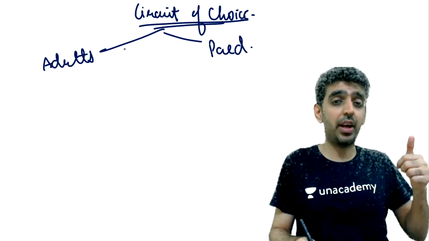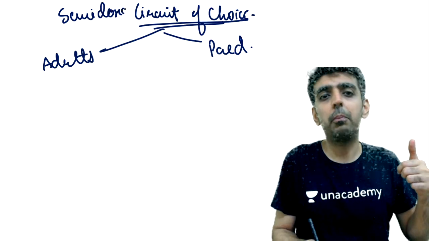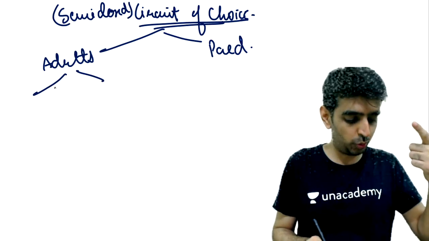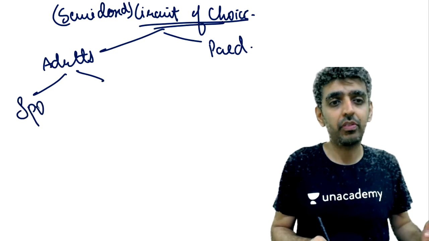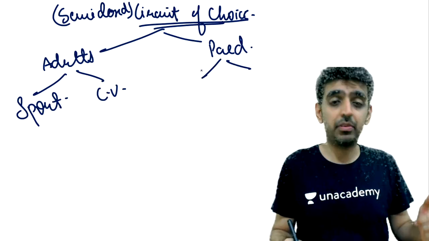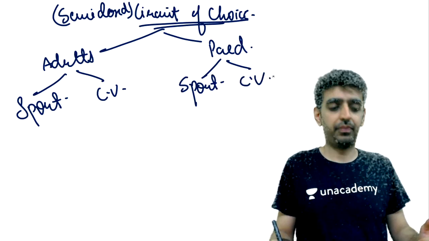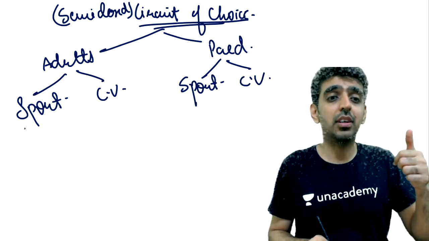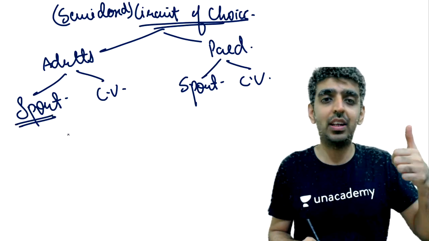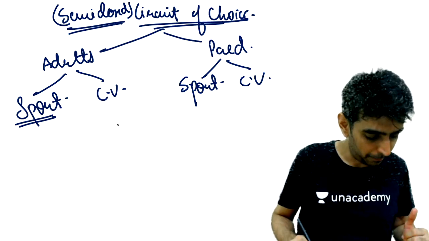And remember, this is only for the semi-closed or Mapleson system of classification. In adults, it is divided into spontaneous and controlled ventilation. In pediatrics, again, it is the same, spontaneous and controlled ventilation. So tell me the circuit of choice for spontaneous ventilation in adults when it comes to the Mapleson system. Which is that, guys?